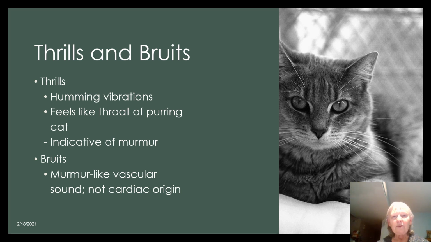With a bruit for the most part too, it results from blood flowing through a narrow or partially occluded artery, okay? The specific character of your bruit, its location, the time of its occurrence, all help with the diagnosis of what's going on with this patient, okay? They're very low frequency, and they're best heard with the bell of your stethoscope.